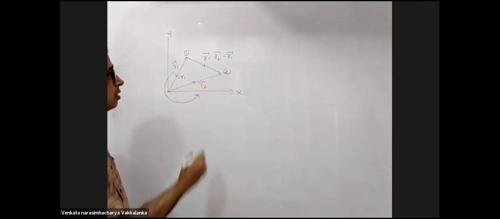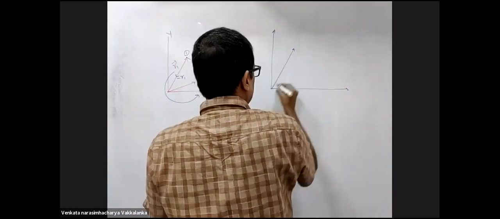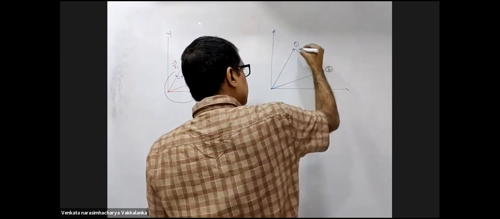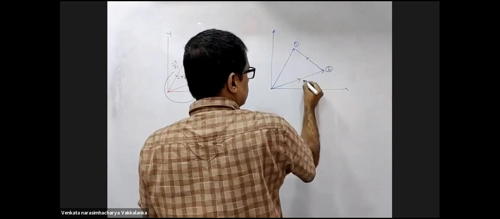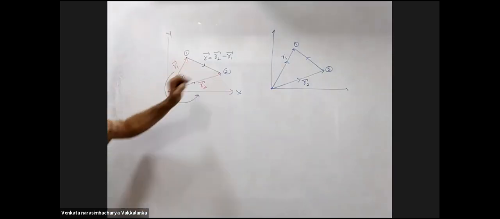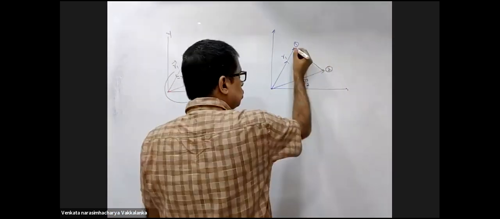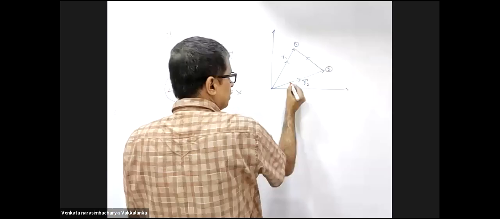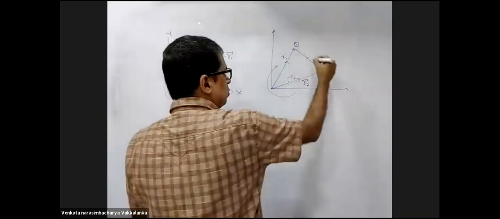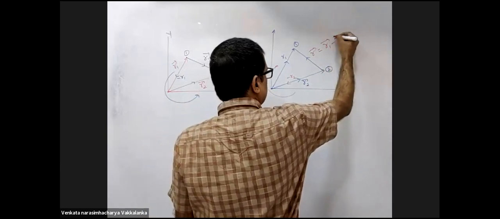On the contrary, if I go from 2 to 1, this is R. Here I am going from 1 to 2. There I am going from 2 to 1. That means I should take minus R2. Minus R2 and R1 are in one order. So this R will be R1 minus R2.